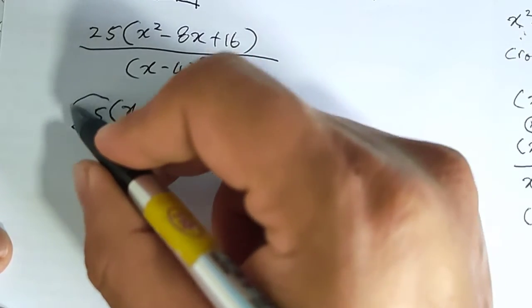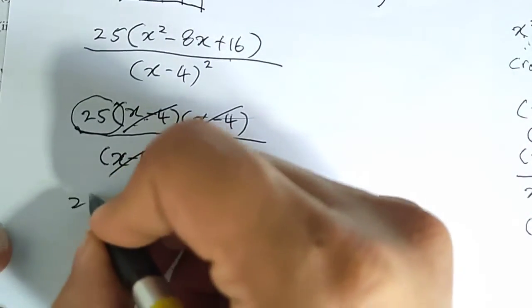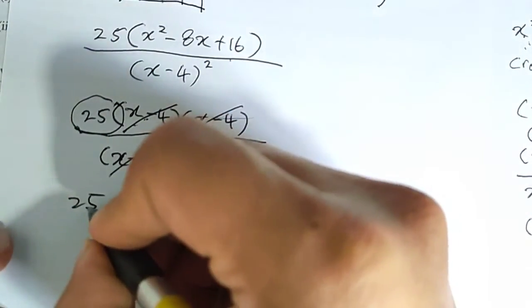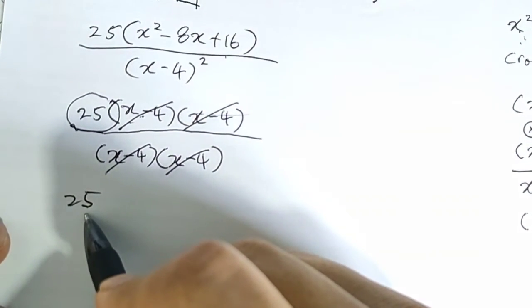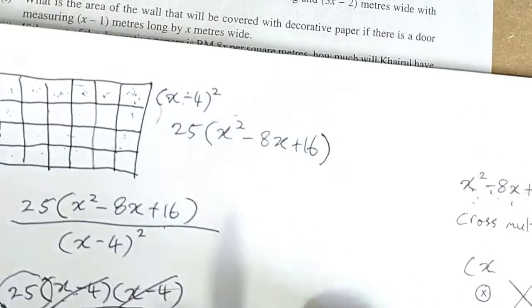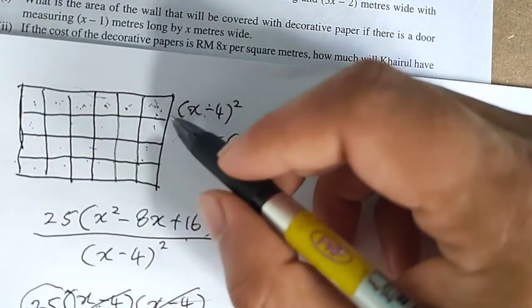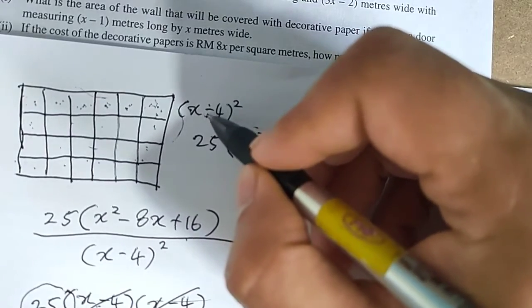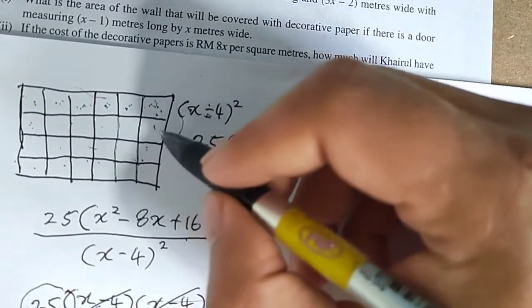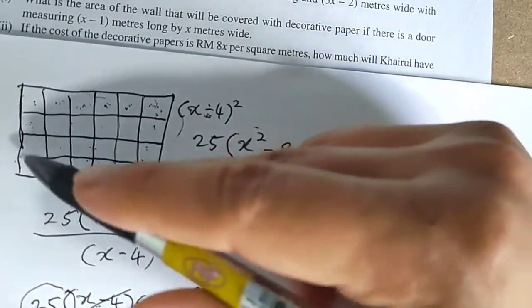And what is left is only this. Okay, 25. So, what is 25? Remember, 25 is how many of this small area can be fitted inside this big area.